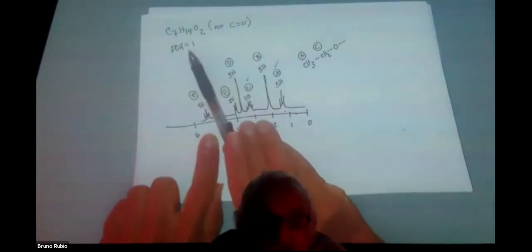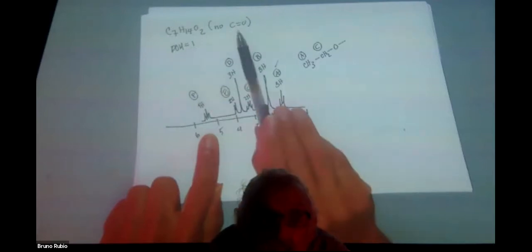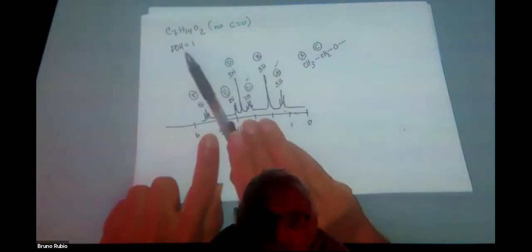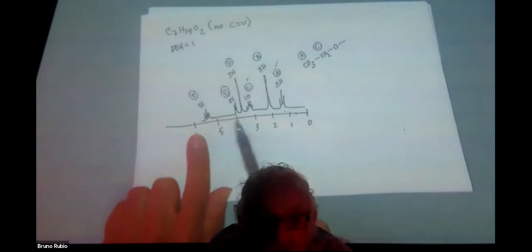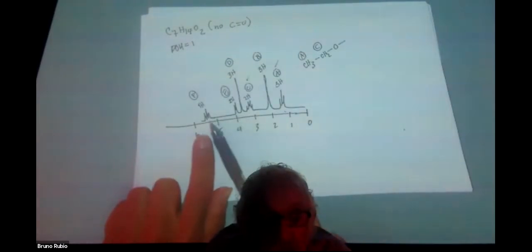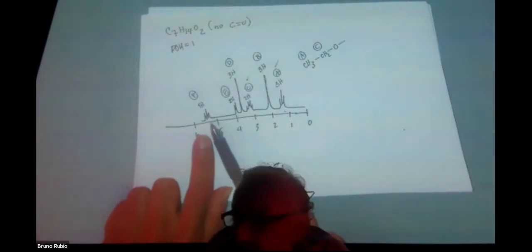We have a DOU of 1, and we have no carbonyl. So that means this degree of unsaturation is either going to be a ring or a multiple bond. And I'm looking at the downfield shift of this guy, and this is squarely in the alkene region of the NMR.